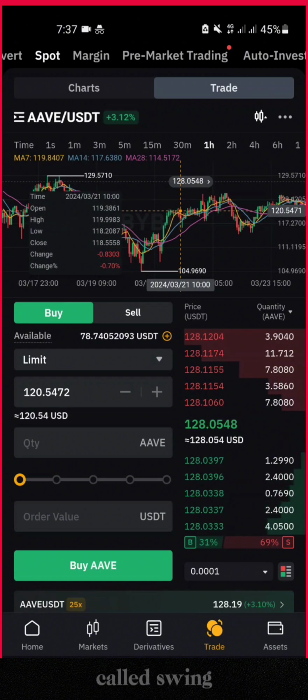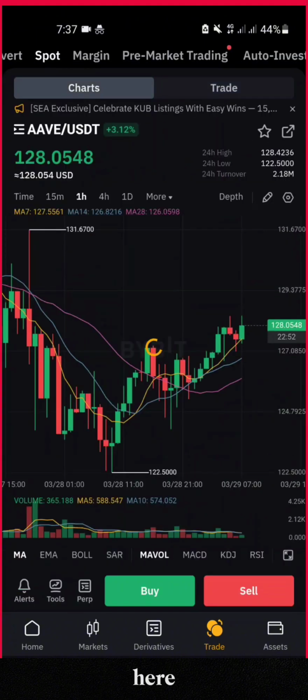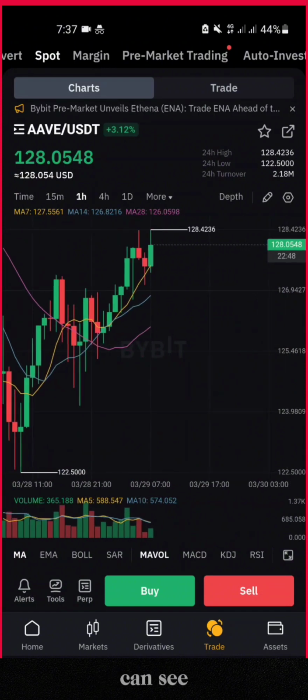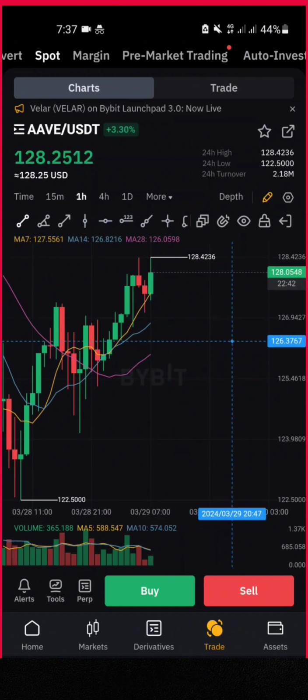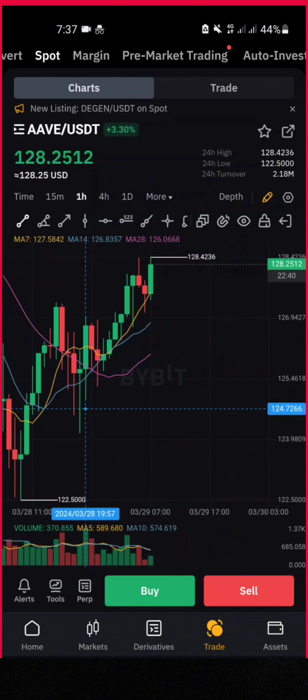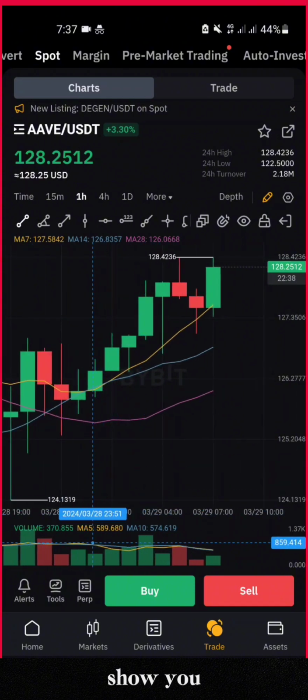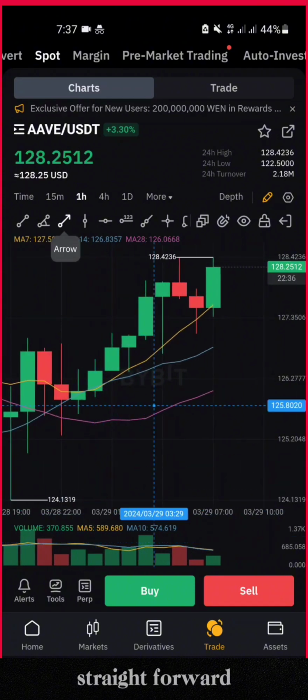This is what people call swing. And as well as here, here is the dip, you can see. I will show you in a straightforward way.